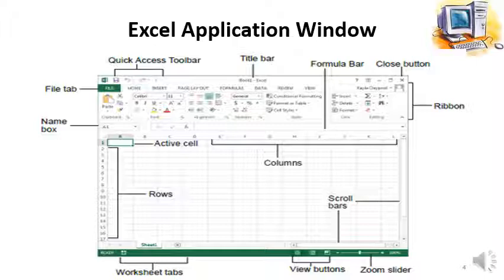Columns are represented by capital alphabets. Active cell is here. Rows are represented by numbers. Further, we have the worksheet tabs over here. Sheet 1 is active. Name box is there. File tab is also there. So zoom slider. This is the Excel application window.